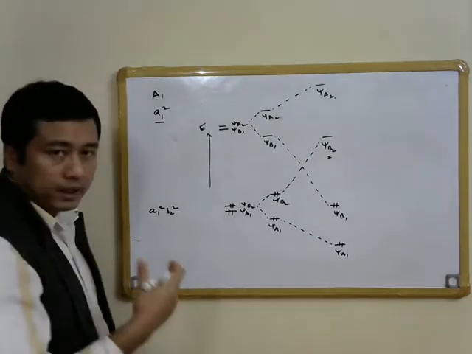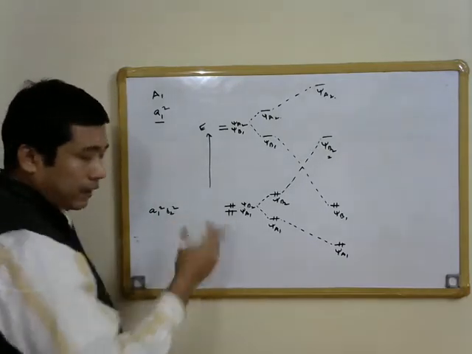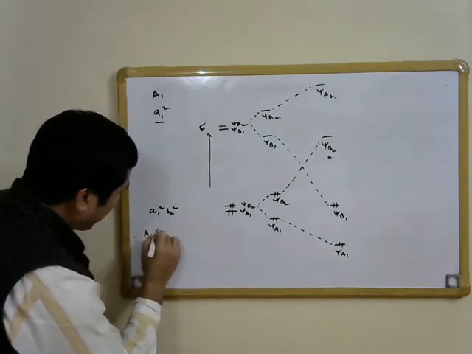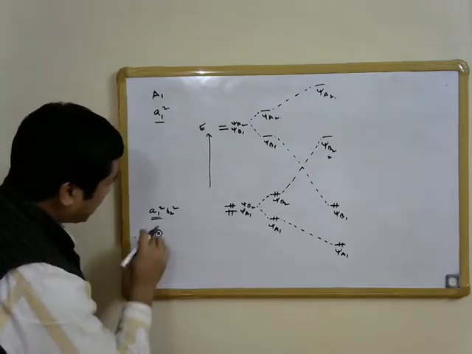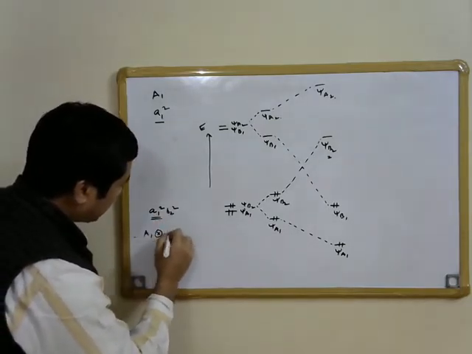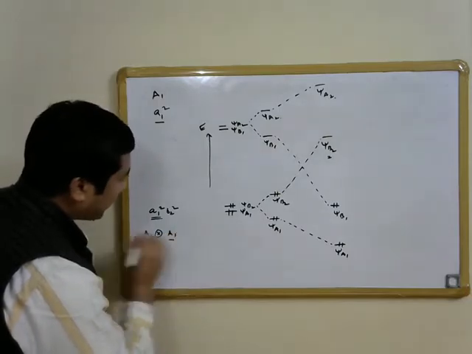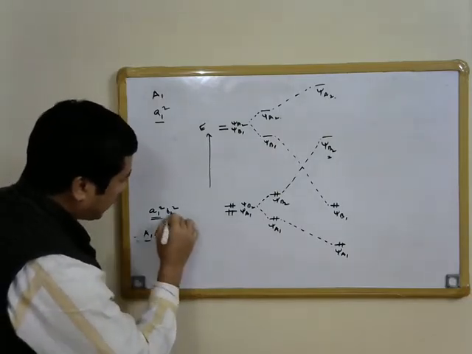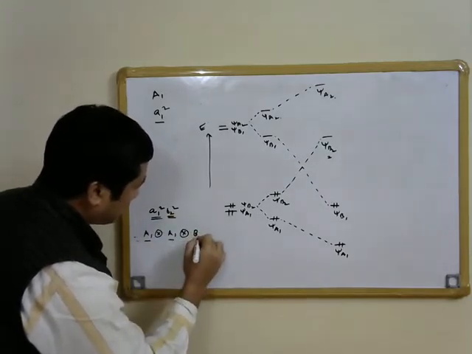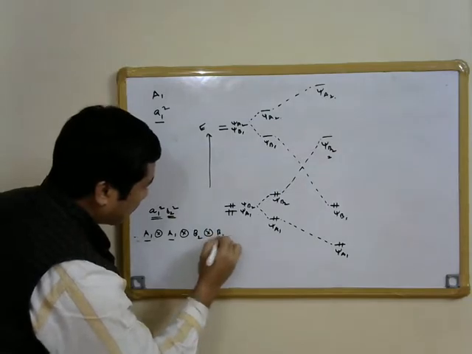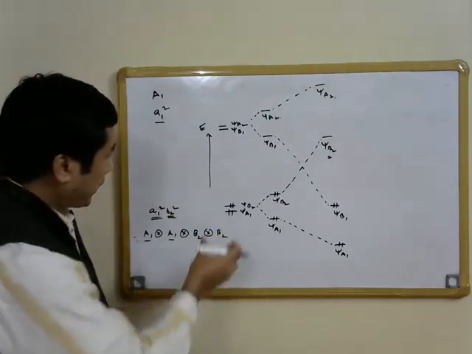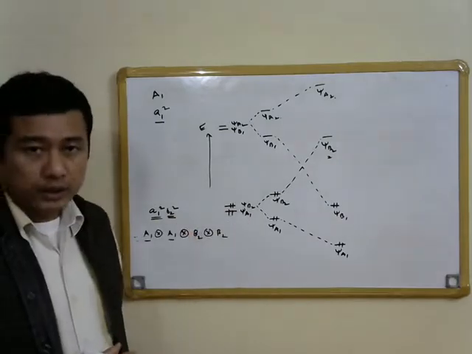So now to find out the symmetry of the ground electronic state over here, we will take the direct product of the orbitals, because there are two electrons in an orbital of A1 symmetry. So we do the direct product of A1 with A1, and then we do the direct product of B2 with B2. This direct product will give us the symmetry of the electronic state of this particular electronic configuration.